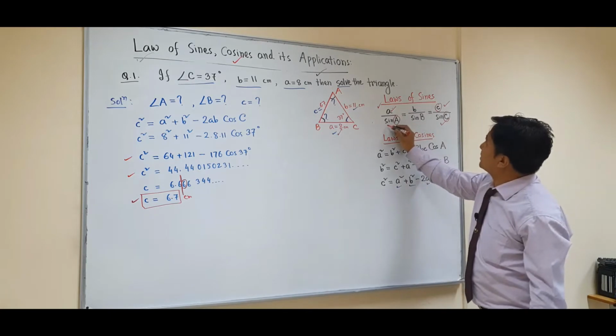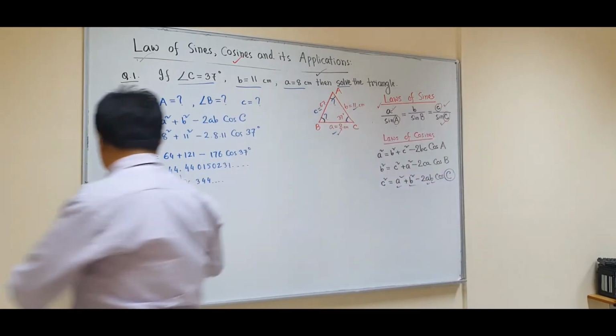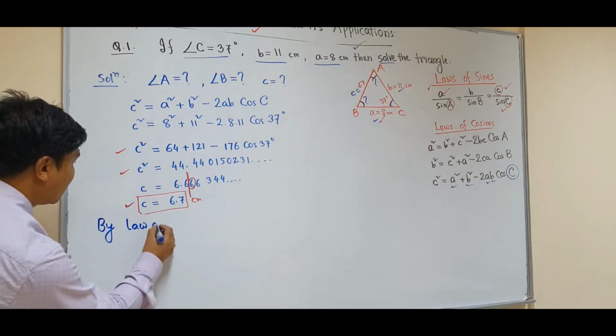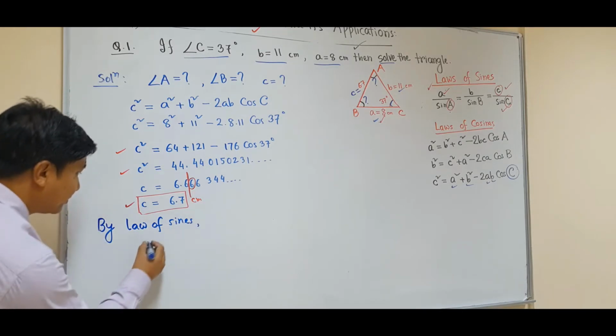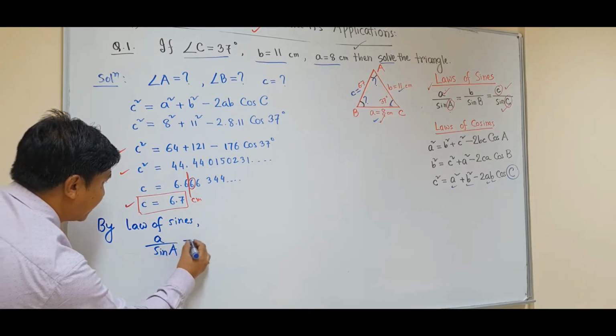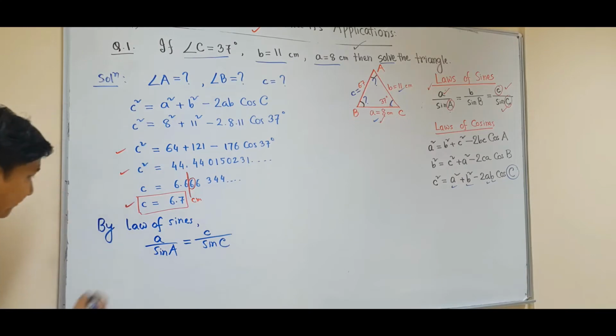So we can use A by sine A equals C by sine C as the rule. Law of sines. Which rule? A by sine A equals C by sine C.